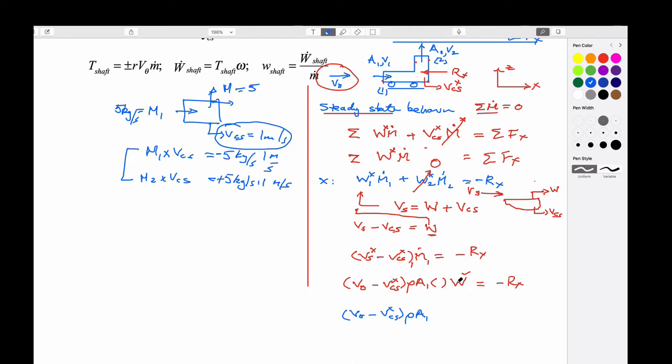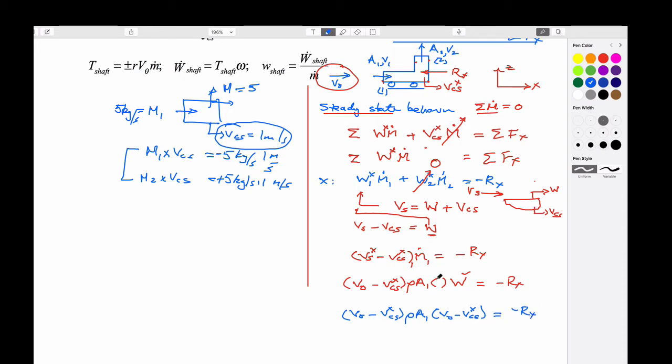And this value of W is a relative velocity, which again is just going to be a repeat of this term here, right? So this is V0 minus VCS, control surface in the x direction, is equal to minus Rx.